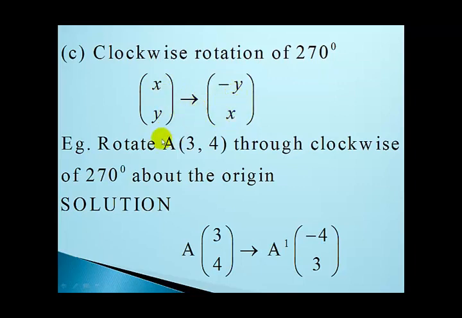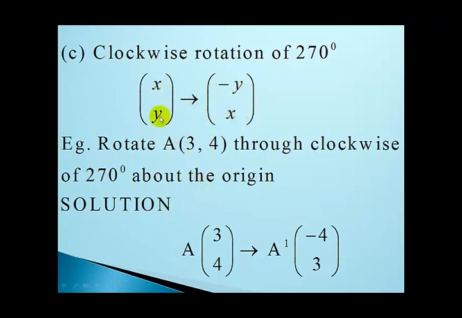Now let's look at this example. Rotate A(3, 4) through clockwise of 270 degrees about the origin. Solution: given the point A(3, 4), if we are rotating it through clockwise of 270 degrees about the origin, take note that the rule is xy maps to minus yx.